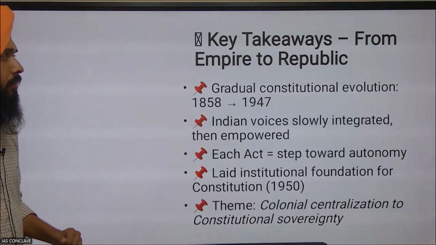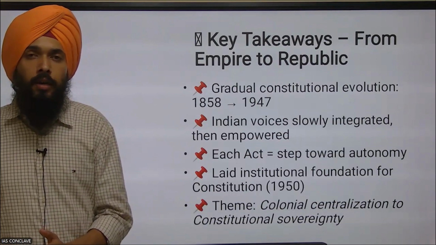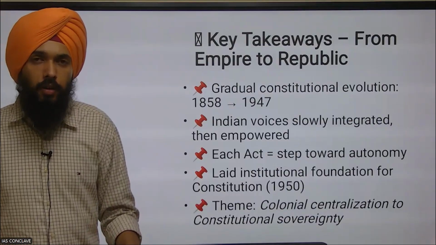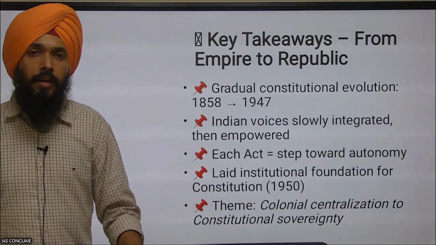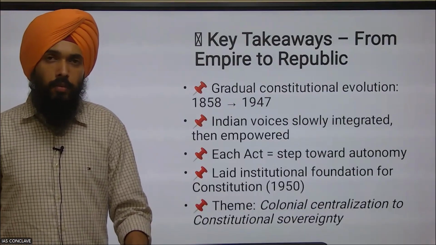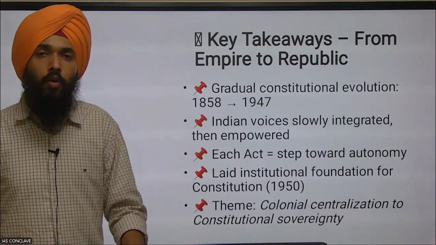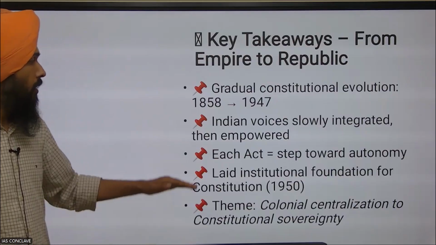Key takeaway: how we went from an empire to becoming a republic. While you read this chapter, you should keep in mind that you have a frame to study. After reading this chapter, we will know how an empire changed to a republic.